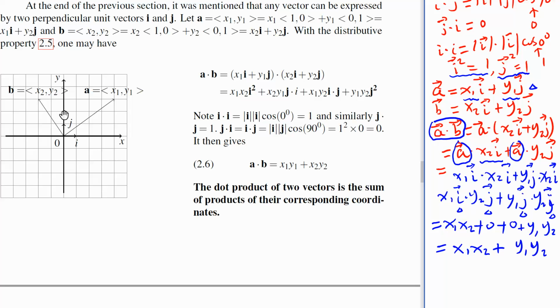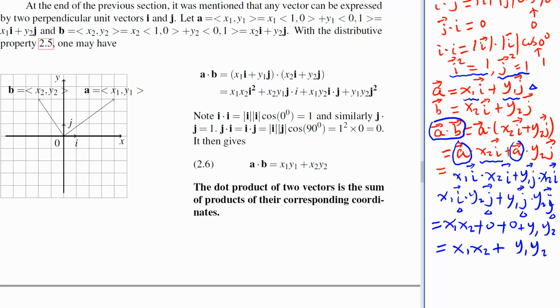You do not have to find out the angle in between vector A and B. That's very fortunate. That's a very useful formula. So we do not need to know the angle.